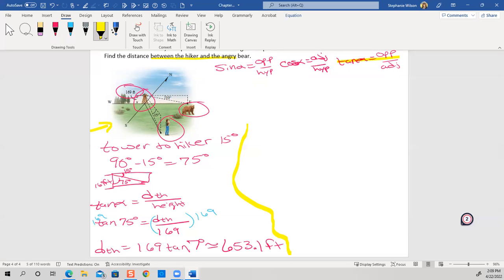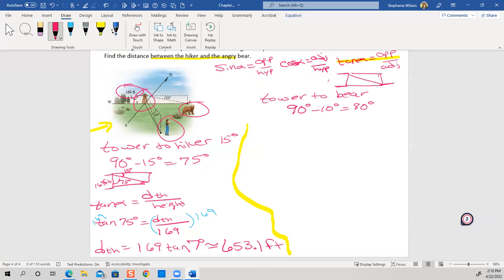Let's label this the tire to the bear. We got the 90-degree angle going on. We're going to subtract the 10 degrees, which gives me 80 degrees. So again, if we were to draw this out, we got the tire here, we got the bear actually over here, right?